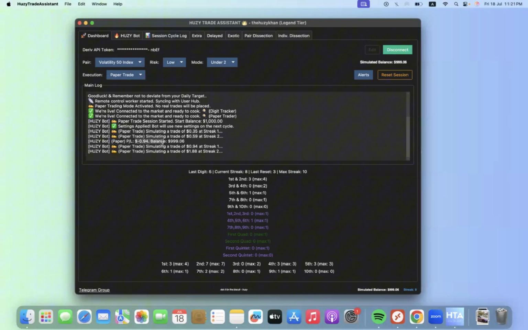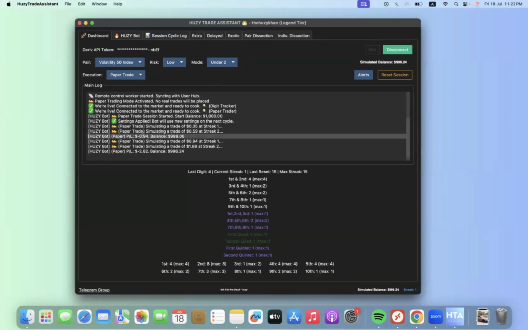So minus 0.94. Then again, it got the opportunity. Another rule gets armed. The total loss which you observed in the previous cycle is going to be the starting price of the next rule that gets armed. As you can see, this was minus 0.94.